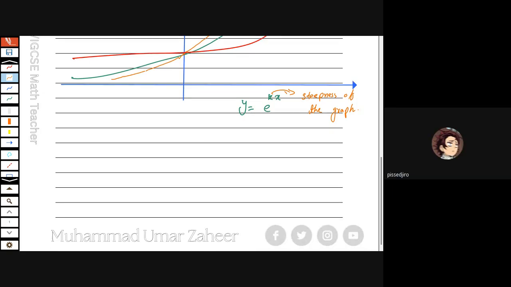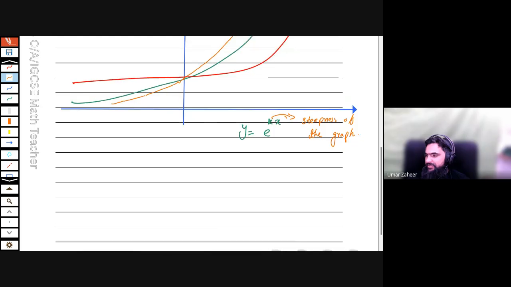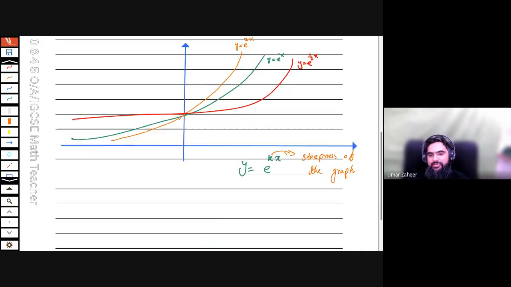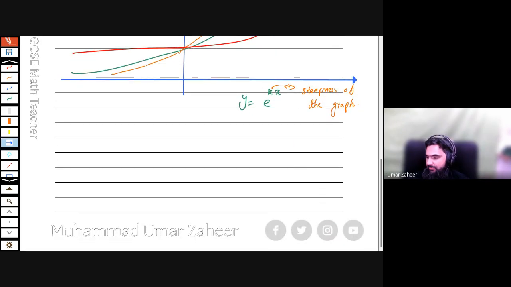Yes, sir. Now, for example, here I'm just going to be talking about the positive power. It can be with the negative power. Let me make the graph with negative power. For example, if you have a graph y is equal to e raised to power minus x, it is moving from left to right and passes through 1.